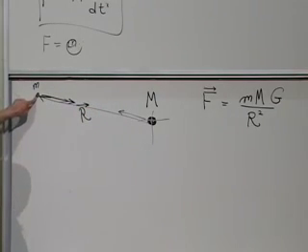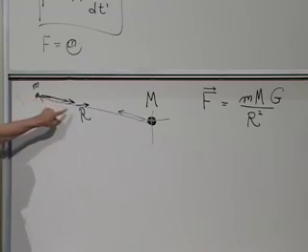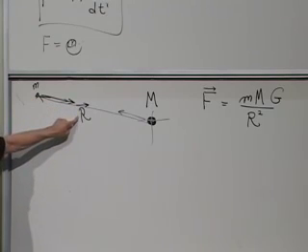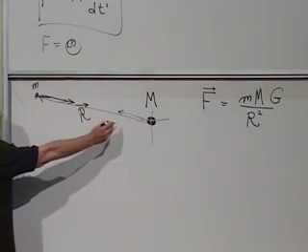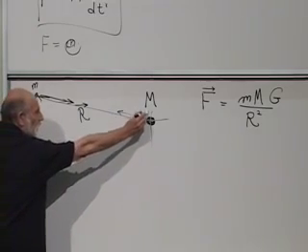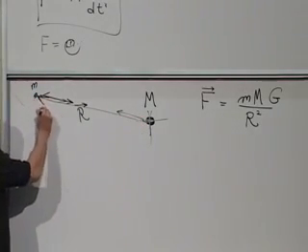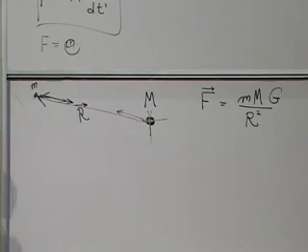Then the force on little m here is along the direction r, right? But it's also opposite to the direction of r. The radial vector relative to the origin over here points this way. On the other hand, the force points in the opposite direction.